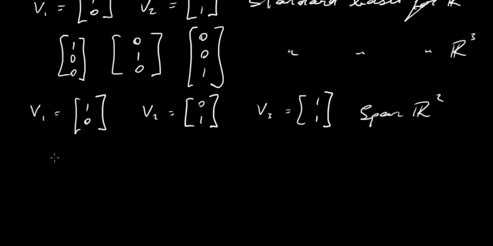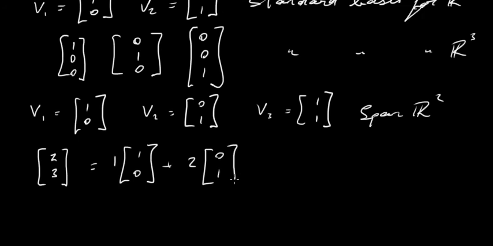For example, if you take the vector (2, 3), that can be expressed as a linear combination of these three vectors by doing something like this: 1 times v1 plus twice v2 plus 1 times v3. That's one particular linear combination where you can form the vector (2, 3).